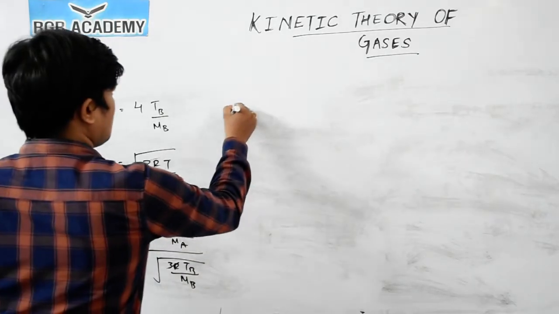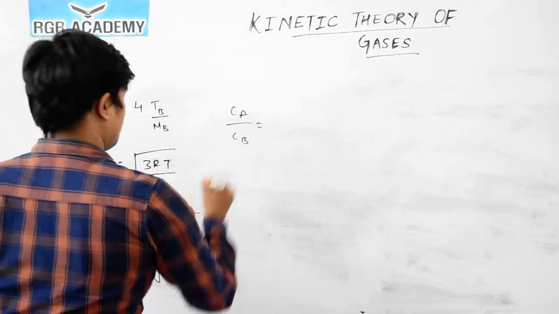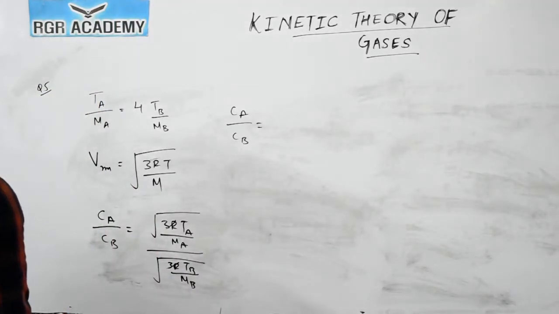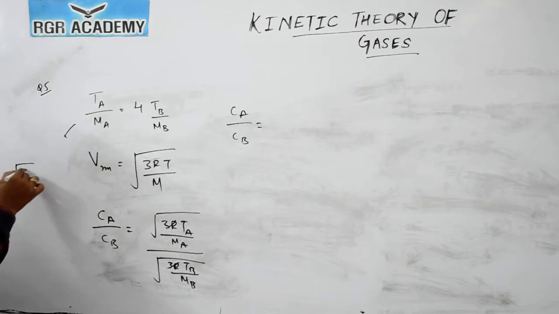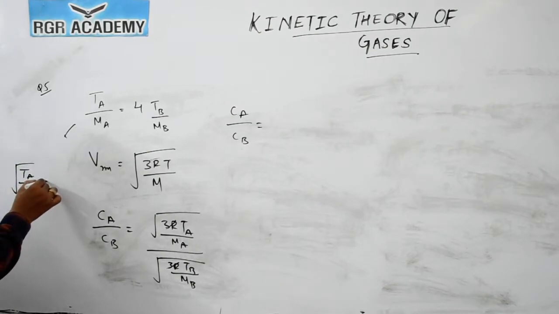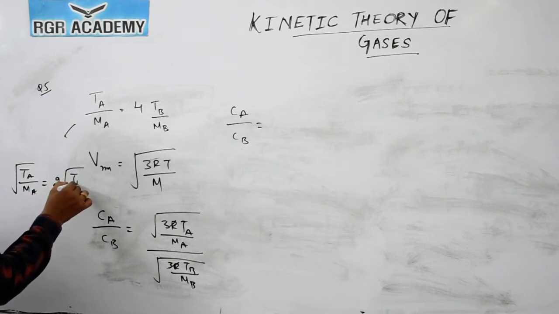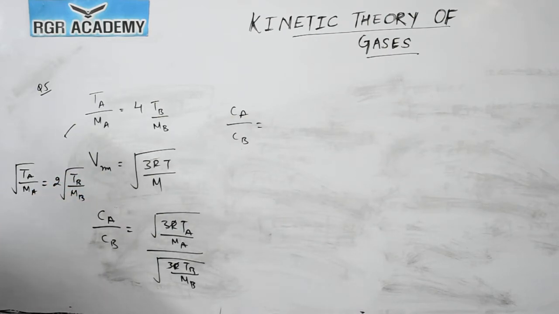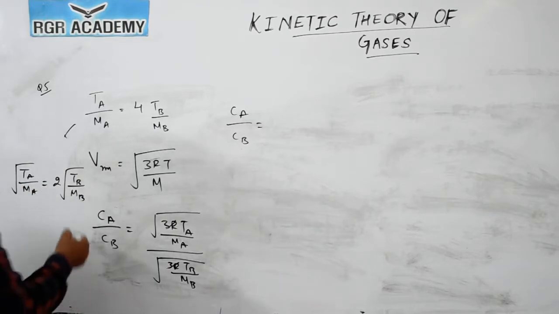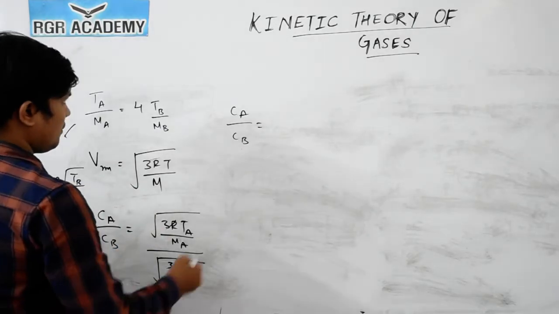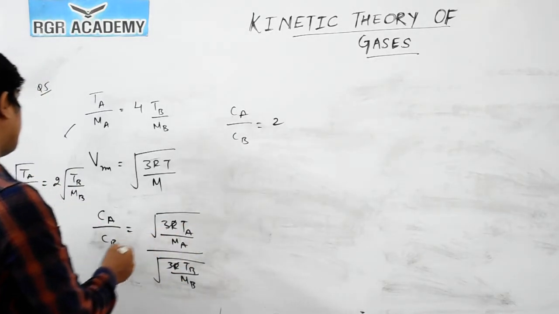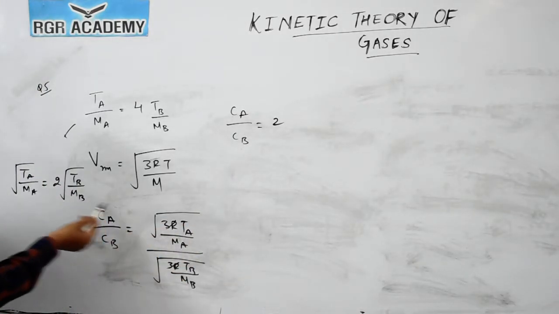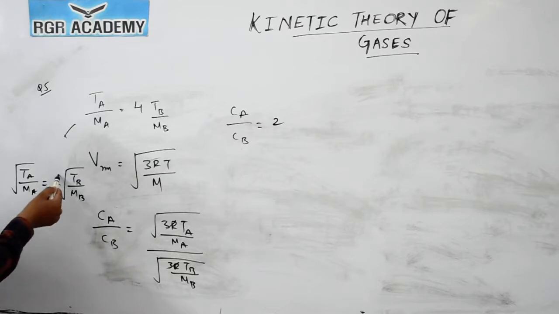Taking the root on both sides, it will be the square root of TA by MA is equal to 2 times the root of TB by MB. In place of TA by MA we can write this value, so TB by MB will cancel out. So Ca by Cb will be equal to 2.